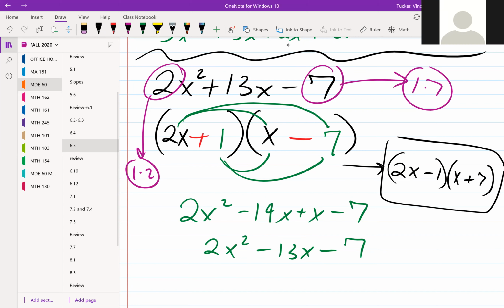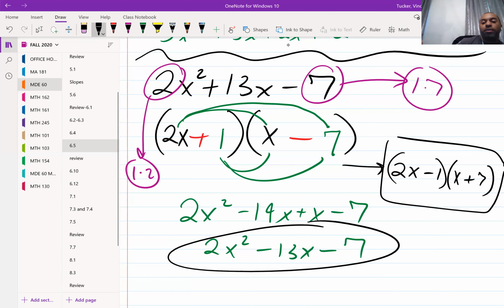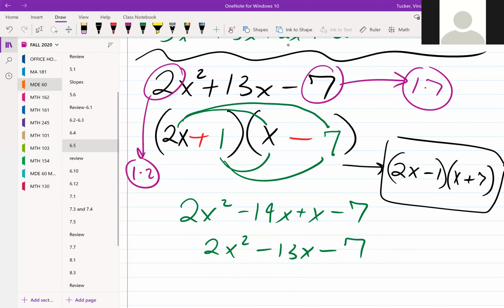So if we were to answer that question and not make it a negative, they would mark it wrong. You're talking about if you don't switch your signs after you figure it out? Yep. Because there's only one factorization for this trinomial. This is considered a whole different trinomial because the 13 is negative instead of positive.